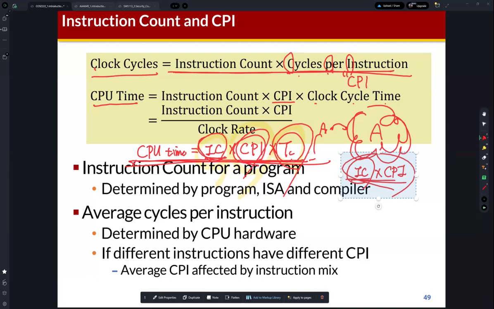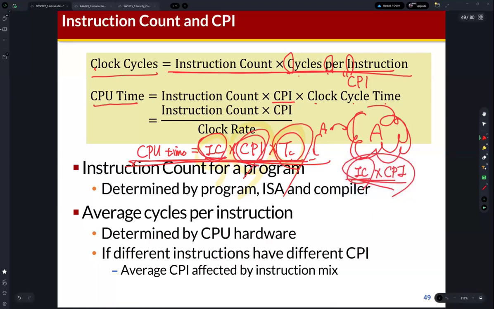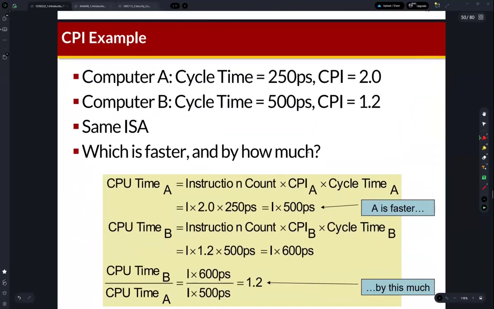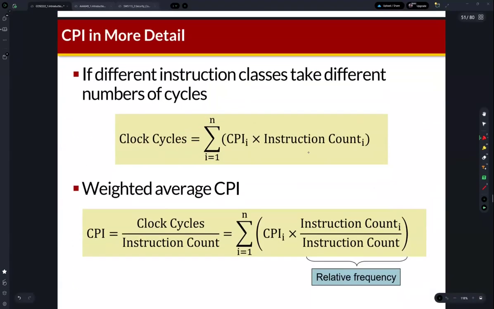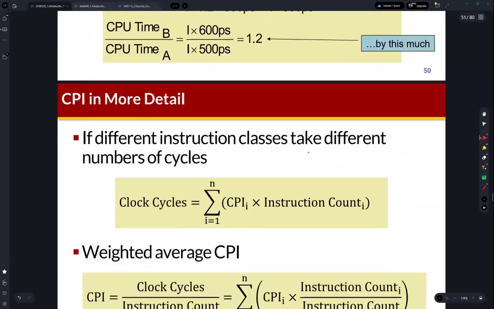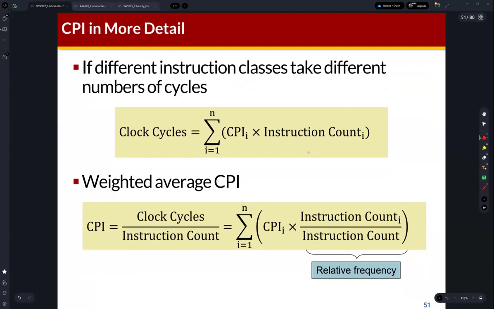So if we analyze this equation, we can also figure out which factors need to be improved for increasing the performance. Okay, so this is the example. We can read this example, it's just an example.